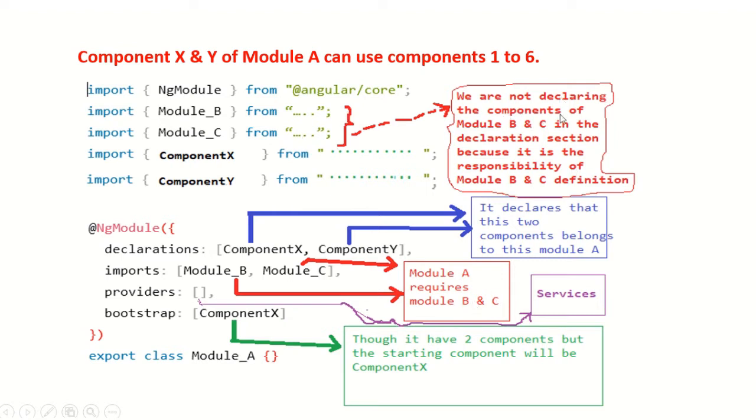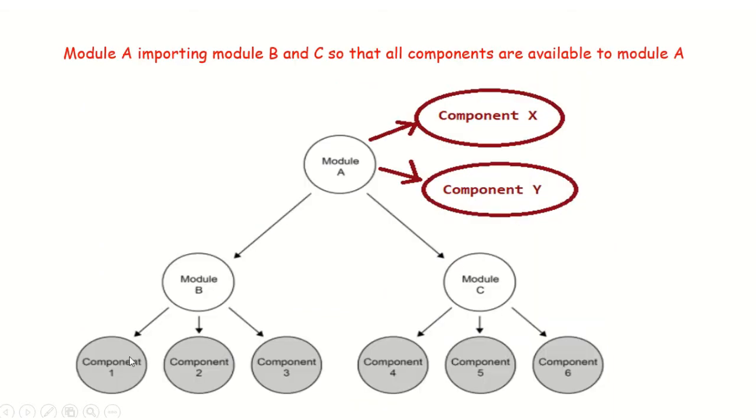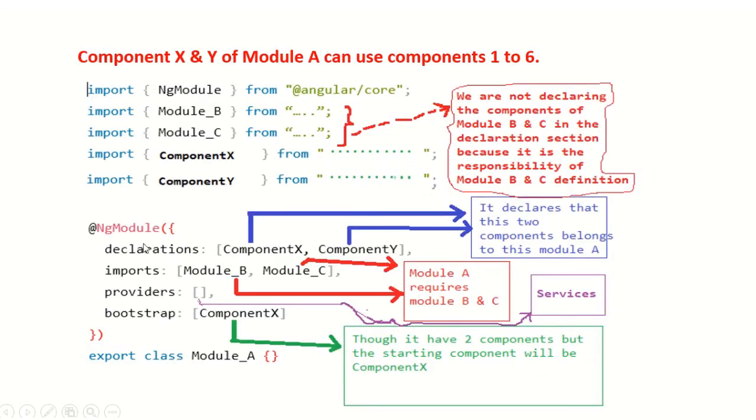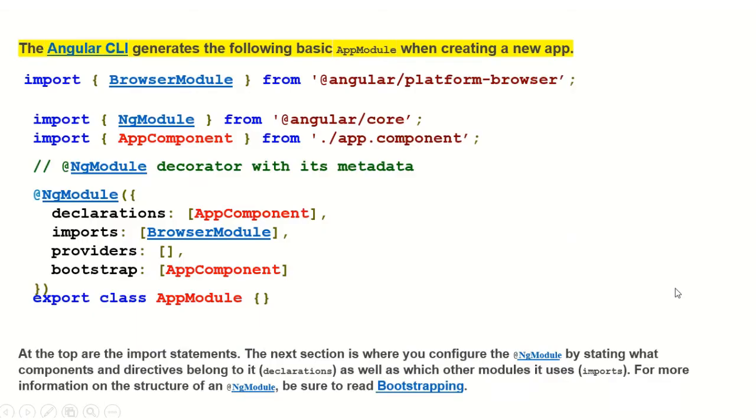We are not declaring the components of module B and C, components 1 2 3 4 5 6, here, because that is the responsibility of module B and C themselves. We have to just import module B and C. Components X and Y belong to module A itself. See, this is module A itself.